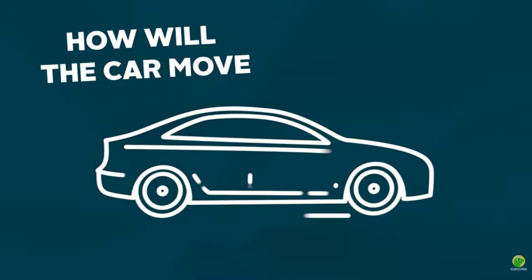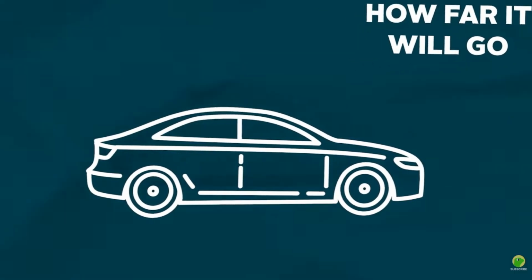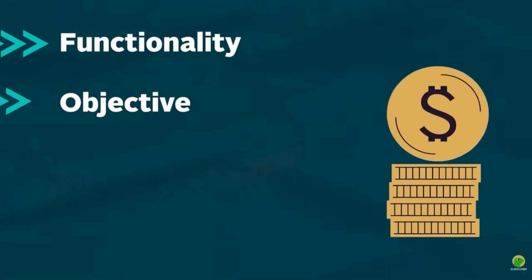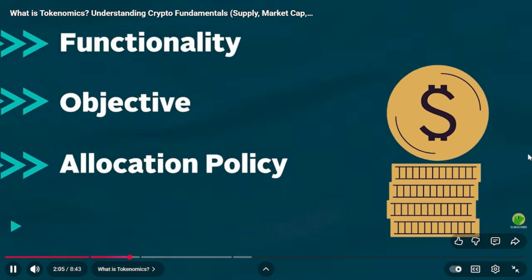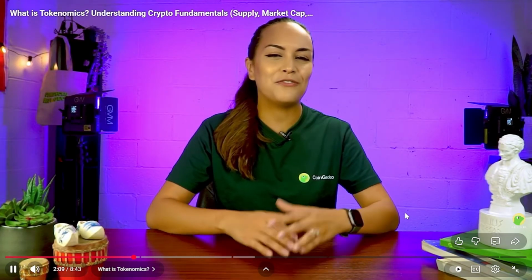You know, oh, it's a nice car. But you also want to look at how the car will move, how efficiently it will do so, and how far it will go. So tokenomics of a token includes, but is not limited to, its functionality, objective, allocation policy, and emissions schedule.